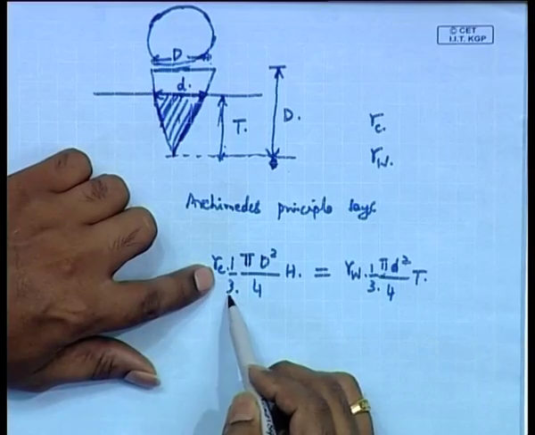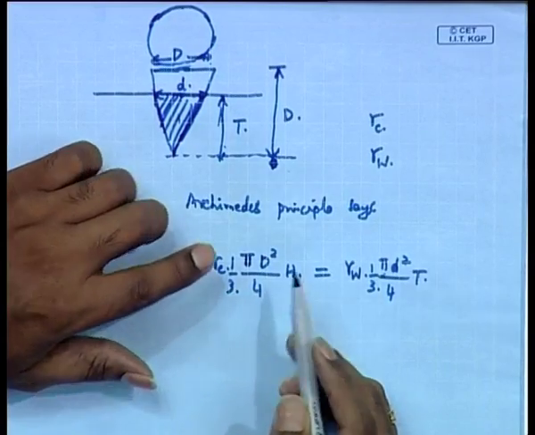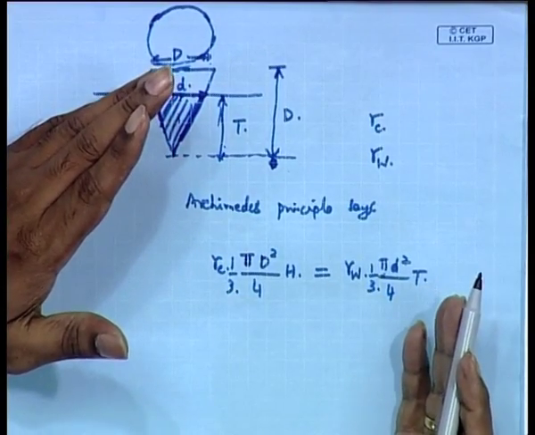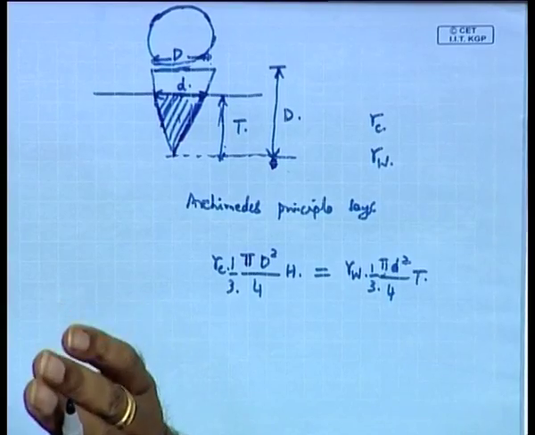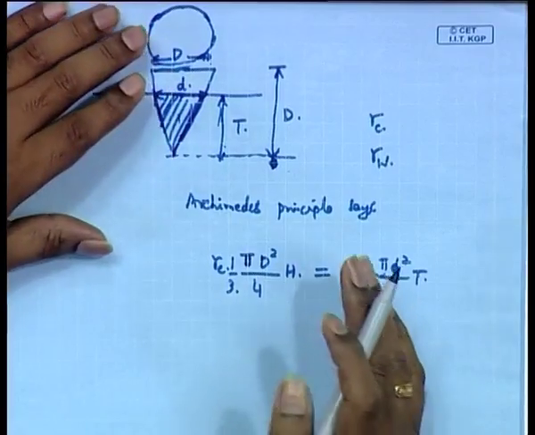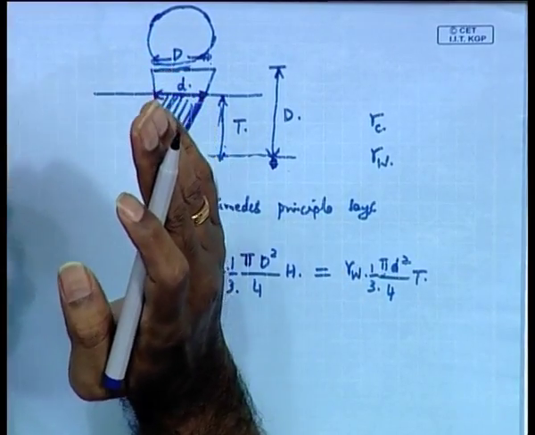This represents the weight of the cone, which is equal to the specific gravity of the cone into the volume of the whole cone. Just to stress this again, there are two volumes here: one is the volume of the whole cone, and the other is the volume of the part submerged.